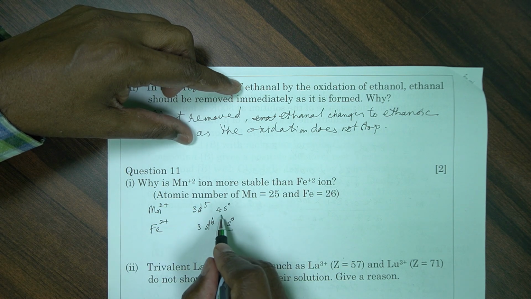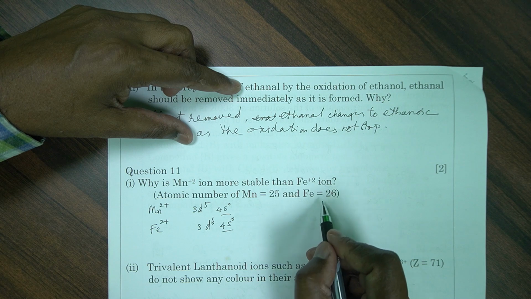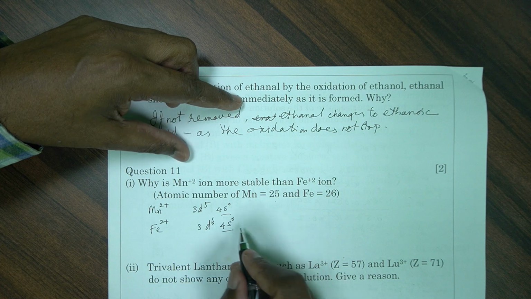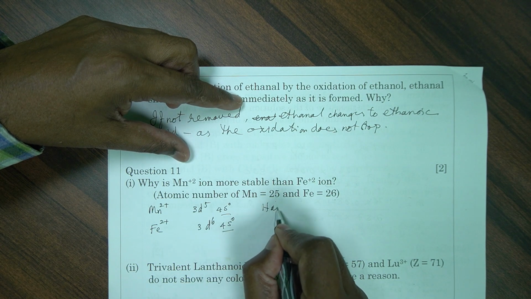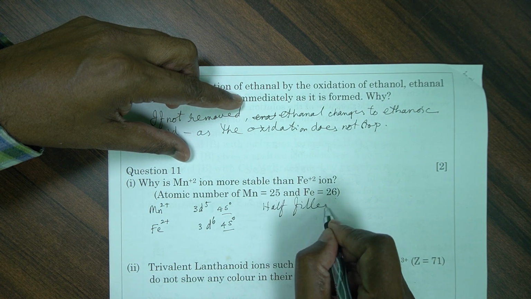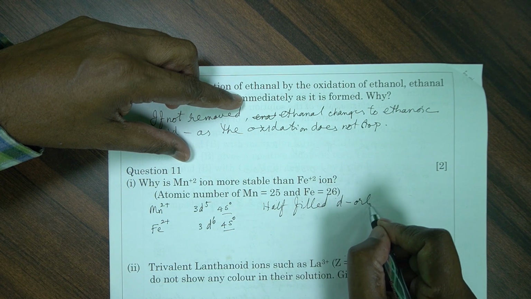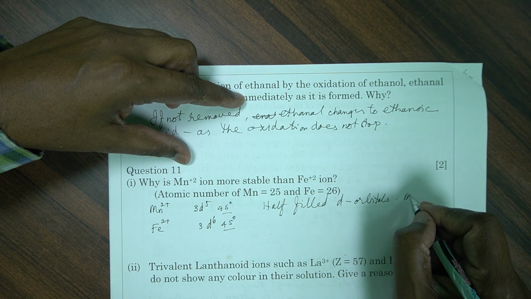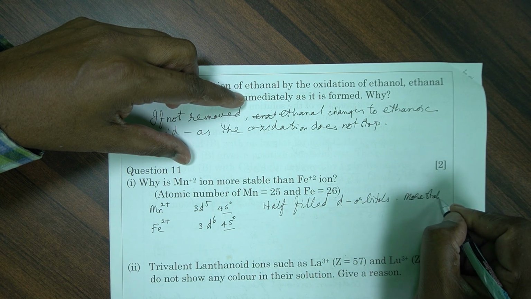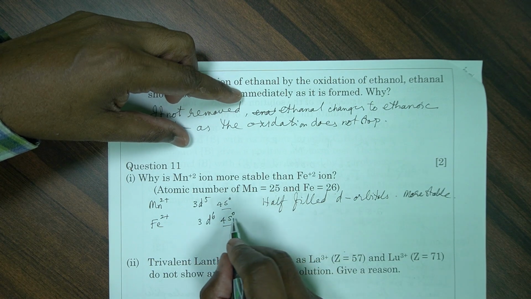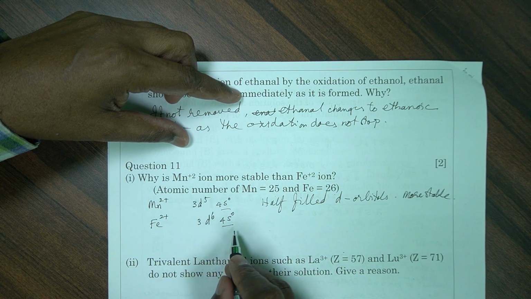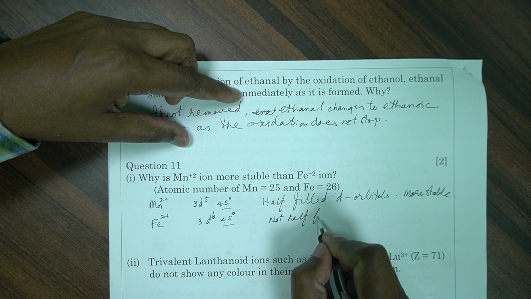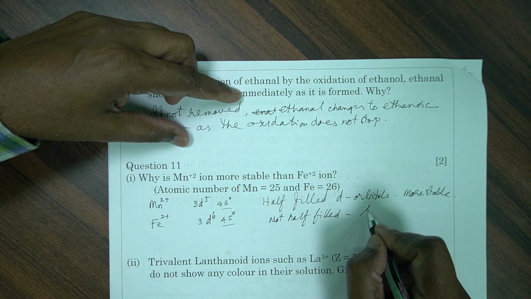These 4s electrons are lost, 2+ charge has come. 26, 25, 1 electron extra. Now Mn2+ has half filled d orbitals, so because of that it is more stable. Here Fe2+ is not half filled, it has unpaired electrons as well as one pair, so the stability decreases, so it is less stable.